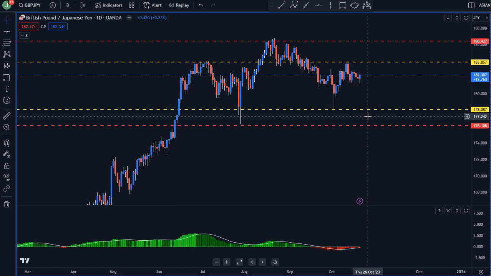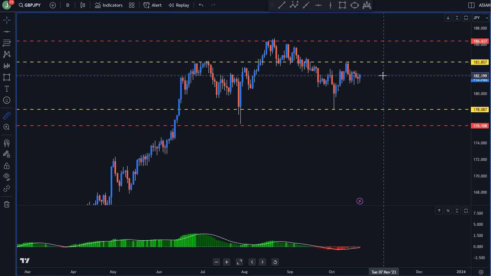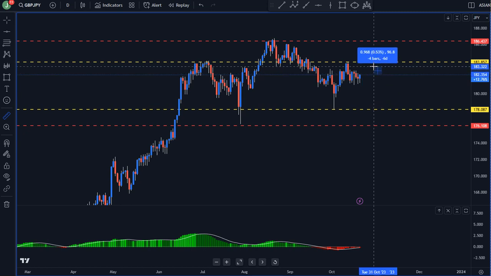So we want to determine what price is doing, where price is at in relation to the next area of resistance, because it closed with a bullish candle. We have our first level of resistance here, and on the daily, from where price closed to that next area of resistance is roughly about 131 pips.